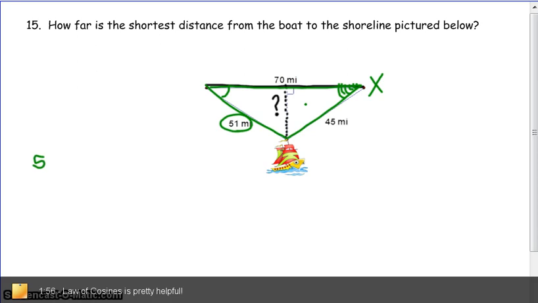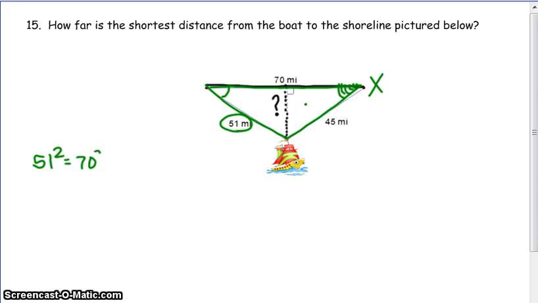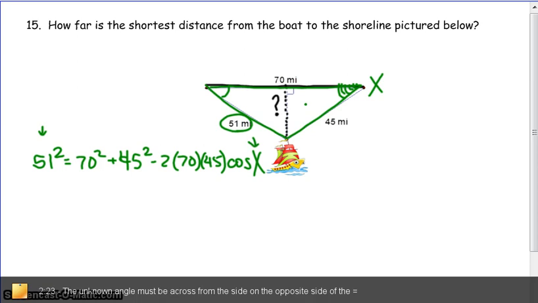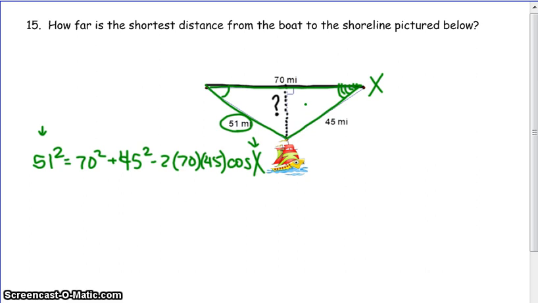So we will start with 51 squared equals 70 squared plus 45 squared minus 2 times 70 times 45 times cosine x. Remember that the thing that's unknown that you're trying to solve for will either come here at the beginning or here at the end. And that number at the beginning should be the side that is across from the angle that's at the end.